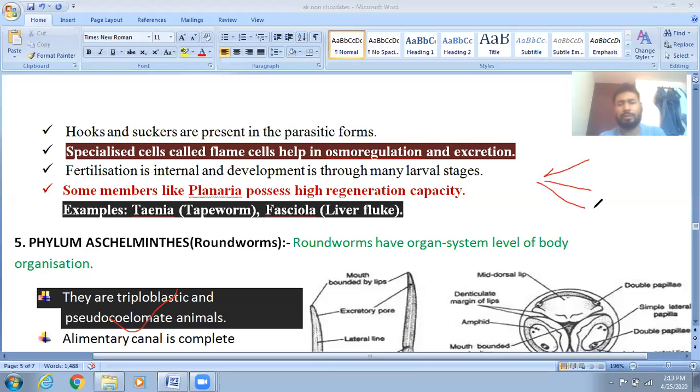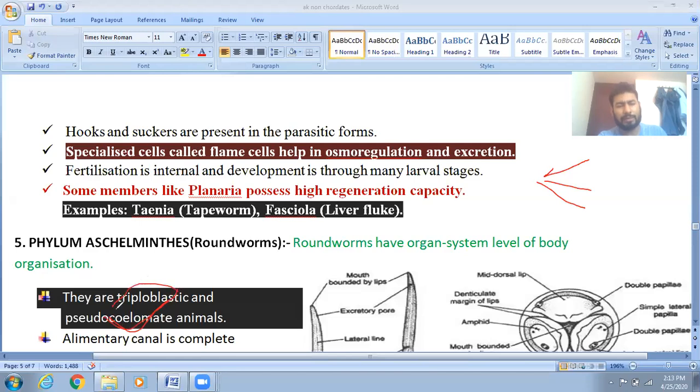You know what the coelom is? Coelom is the body cavity which is externally as well as internally lined by the mesoderm. Here they also have a body cavity, but the mesoderm is found in small scattered pouches. Clear? Mesoderm found in scattered pouches. Due to this, it is considered a pseudocoelomate animal.